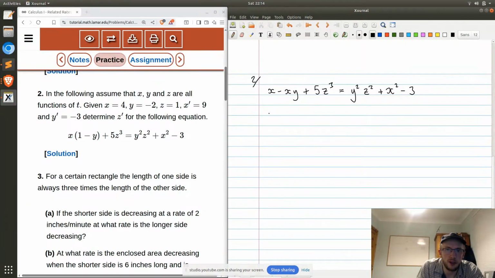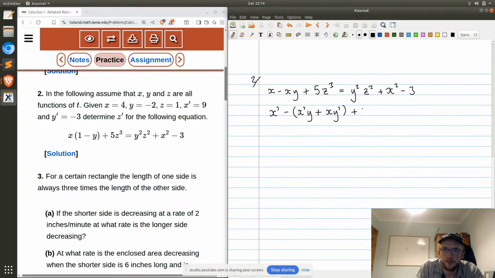Okay, now differentiate. Okay, so just x prime. Then we have a product here. So differentiate the first factor. Leave the second one alone. And differentiate the second factor. Leave the first one alone.